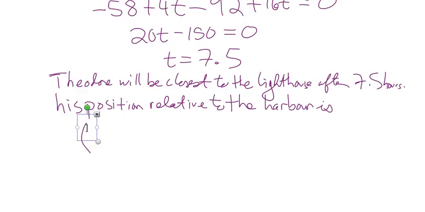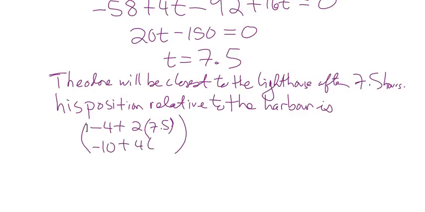Relative to the harbor, negative 4 plus 2t and negative 10 plus 4t. Okay, so negative 4 plus 2 times 7.5 and negative 10 plus 4 times 7.5.